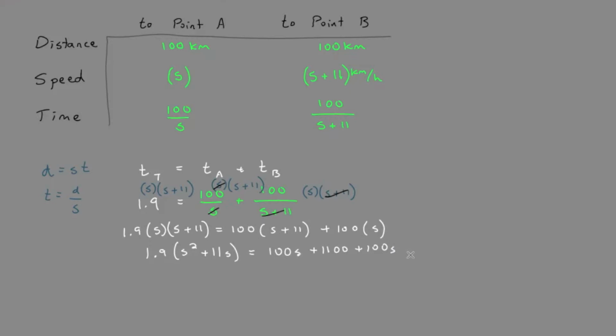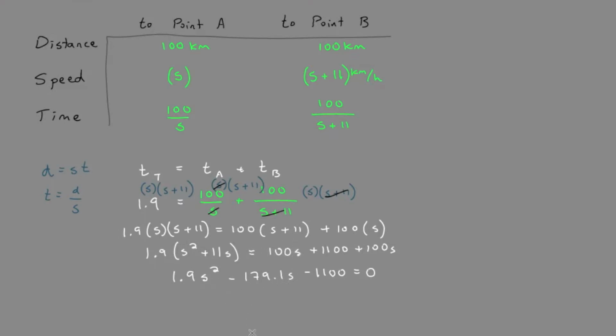Now I'll distribute the 1.9 into the binomial and collect like terms, bring everything to one side. You'll see we get a quadratic. If you're wondering where this came from, just distribute this, collect like terms, and you'll get this.